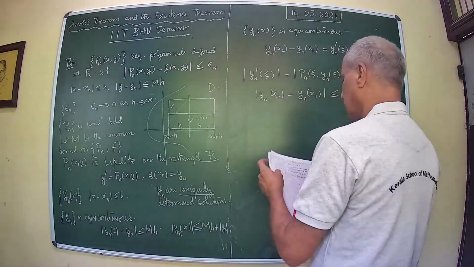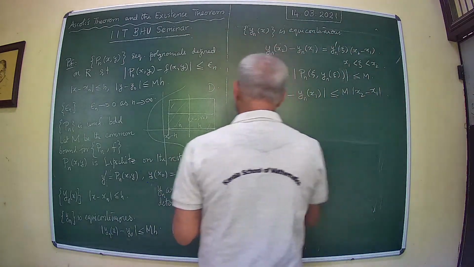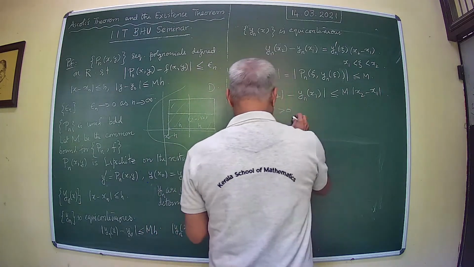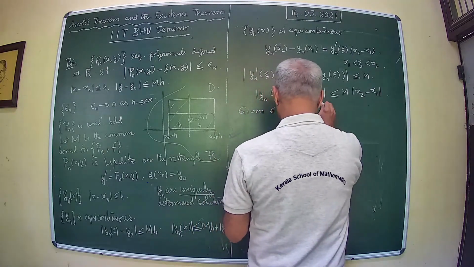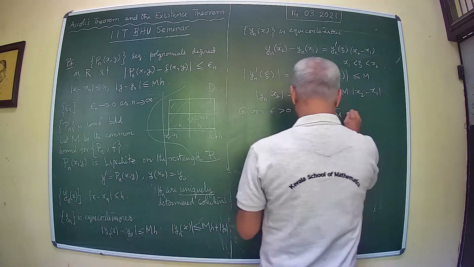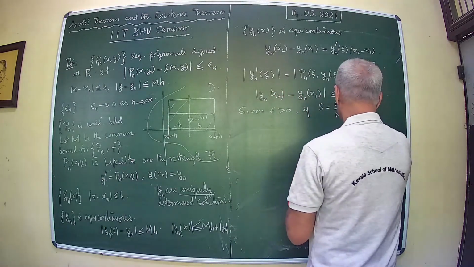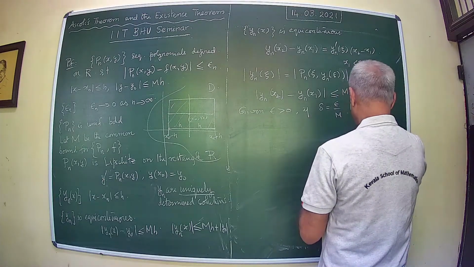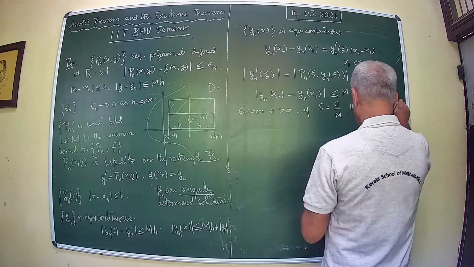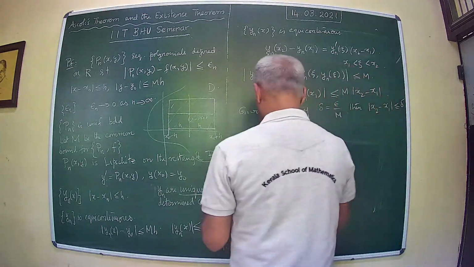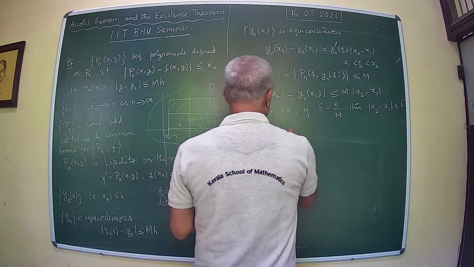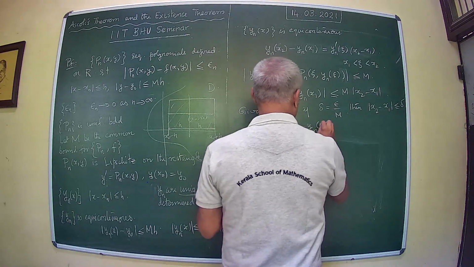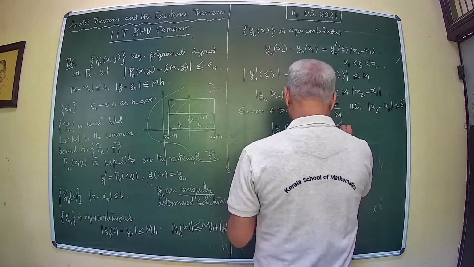Therefore, what we have is that given epsilon positive, for mod x2 minus x1 less than or equal to delta, mod yn of x2 minus yn of x1 is less than epsilon.